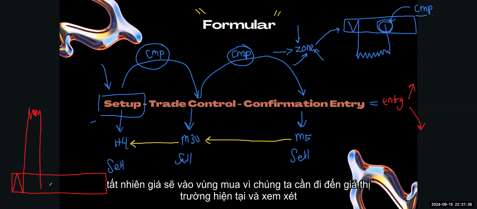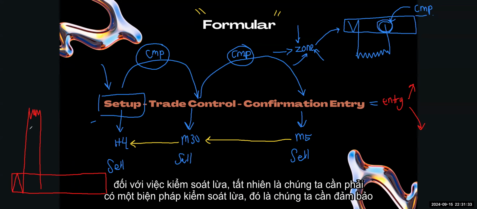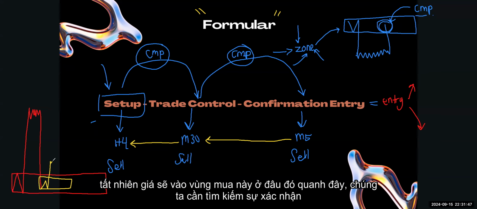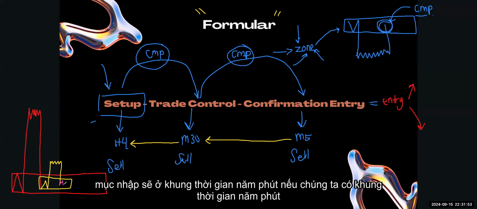Once the price gets into the buy zone, we need to go to the current market price and look for trade control, which means we need to make sure the price reacted with that zone. Then, somewhere around here, we need to look for the confirmation entry, which is going to be on the 5 minute time frame.